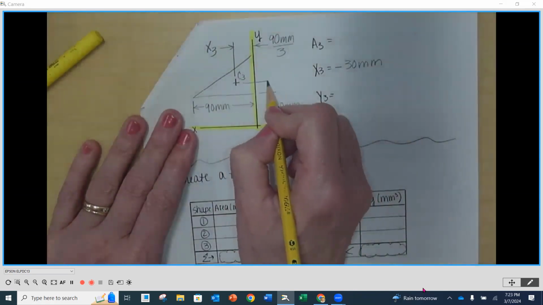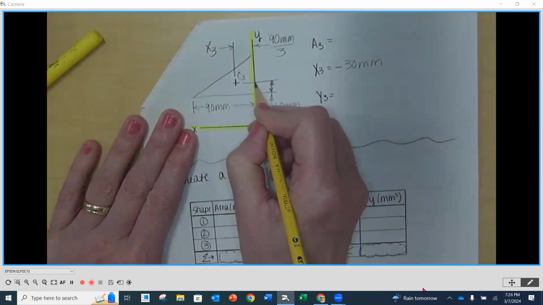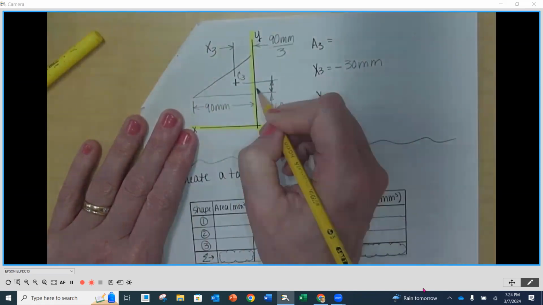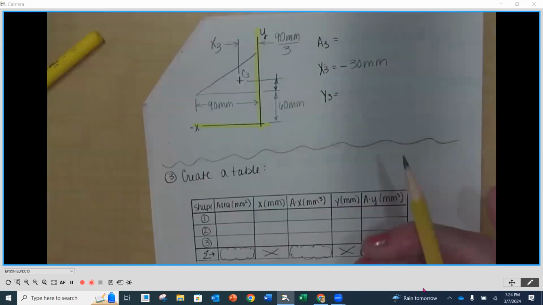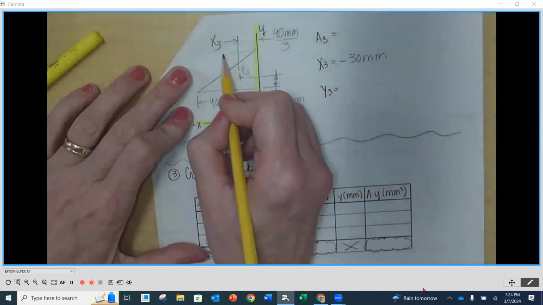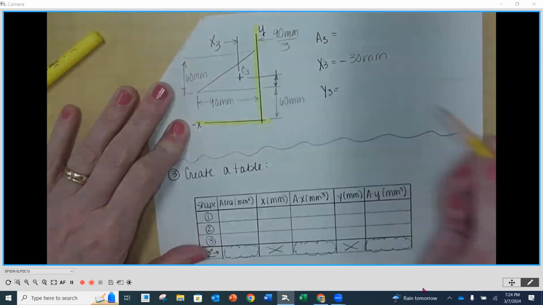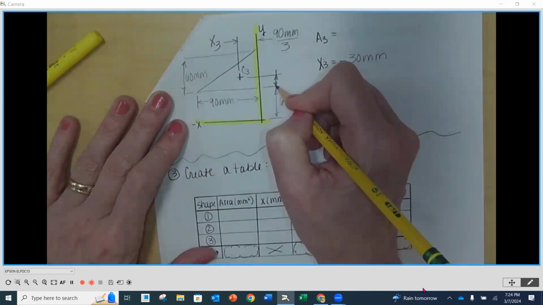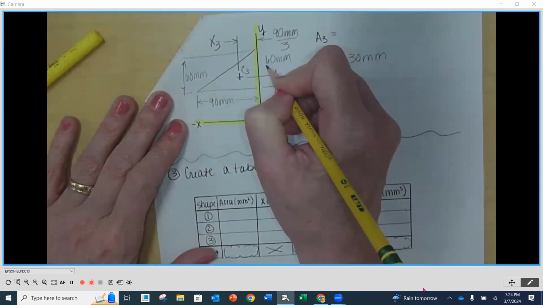Now from the bottom of our triangle, do we know how high that is? We do. The height is 60 millimeters. So that means the distance from the bottom of our triangle to the centroid is 60 millimeters divided by 3.